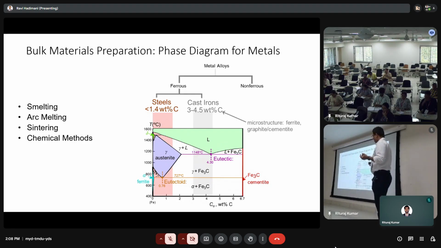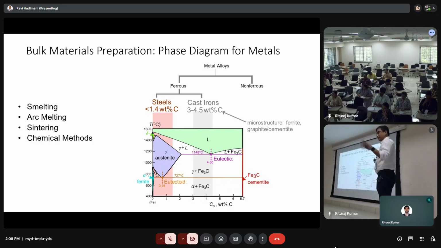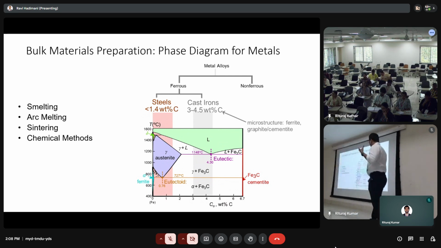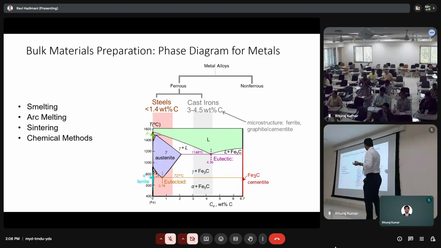I'm not going to go over all of these, but for metals, you first need to understand whether the metals are ferrous or non-ferrous. If it is ferrous, then it can be either steels or cast irons, right?